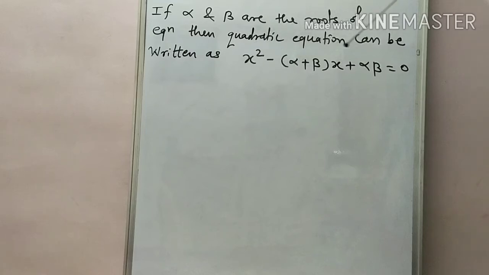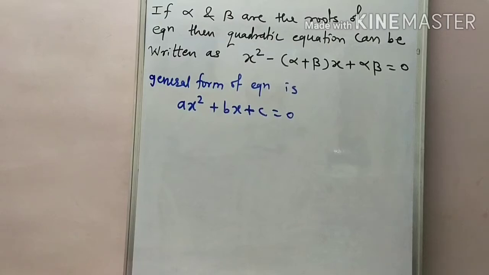So this is one more form, the general form of the equation in terms of the two roots alpha and beta. If a, b, c are coefficients, then we know the equation is ax square plus bx plus c equal to 0. As we are given the addition of two roots and the product of two roots, the same equation we can write in this form also.